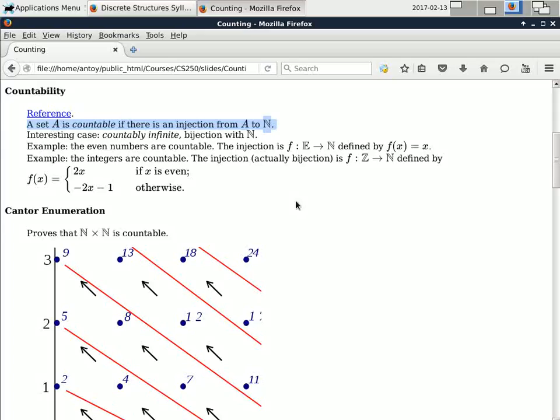For the even numbers, negative 2 is mapped to negative 4 because it's 2x. 0 is 0 because it's 2x. 2 is 4 because it's 2x. Right? For the negatives, what do I do? Negative 2 minus 1. So, negative 1 times negative 2 is 2. Minus 1 is 1. What about 1?